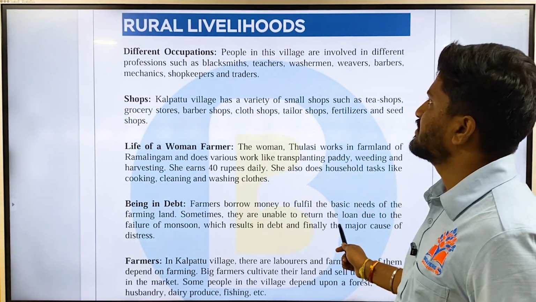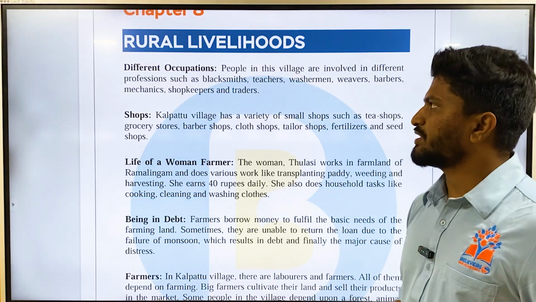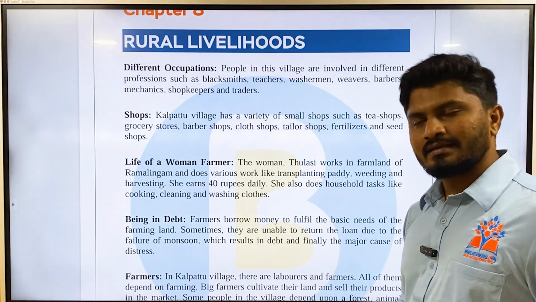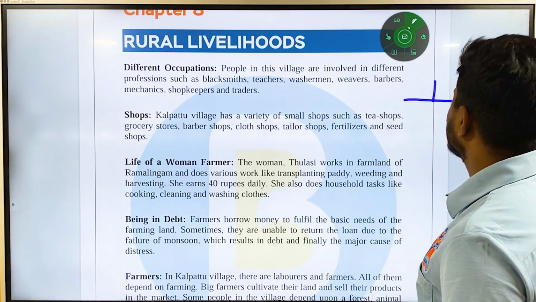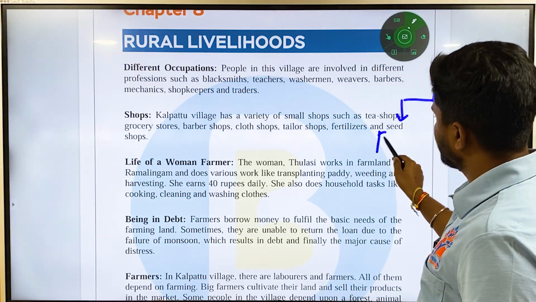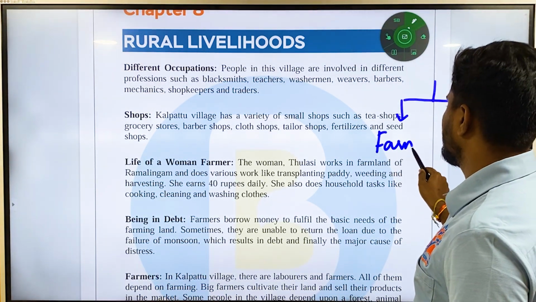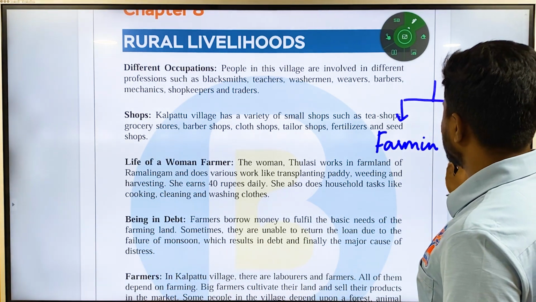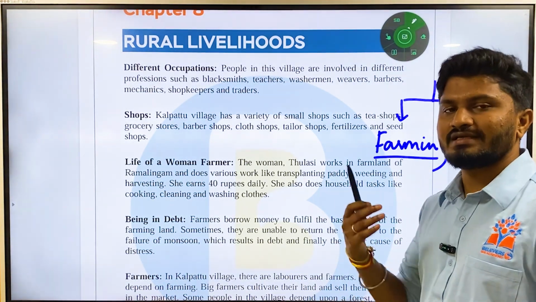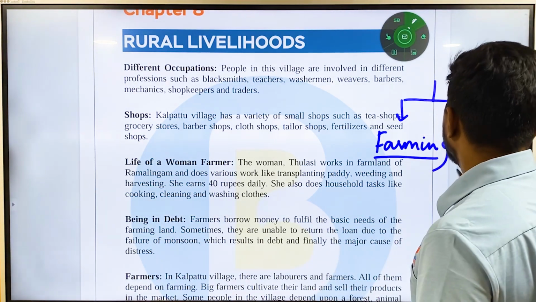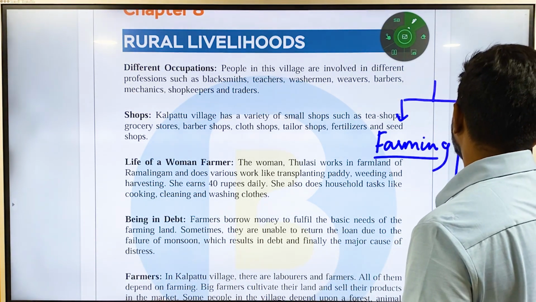In rural livelihoods, there are many different occupations. You can mainly divide them into two parts. One is farming, meaning those who are involved in agricultural activities, either farming on their own agricultural land or working on others' agricultural land. Another one is non-farming.